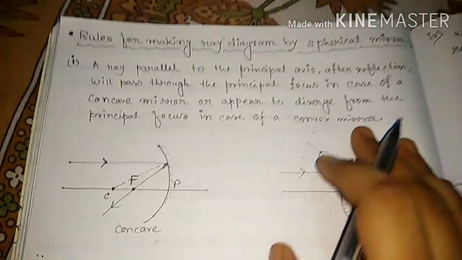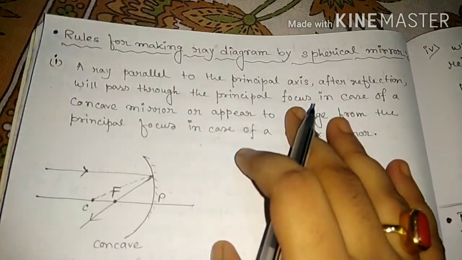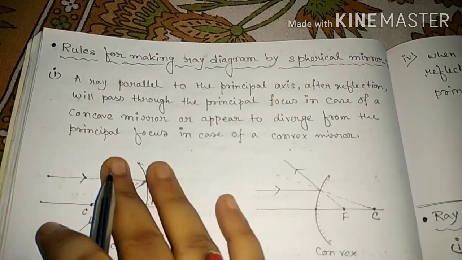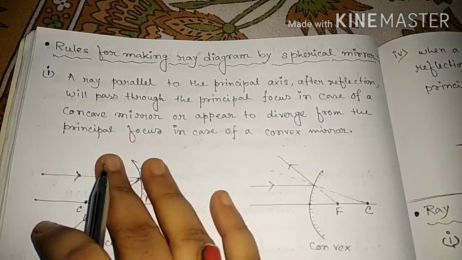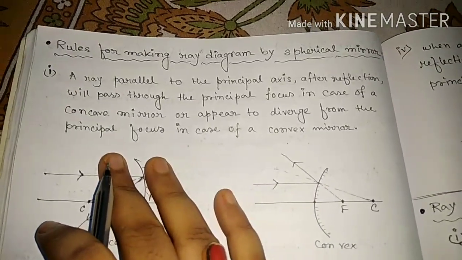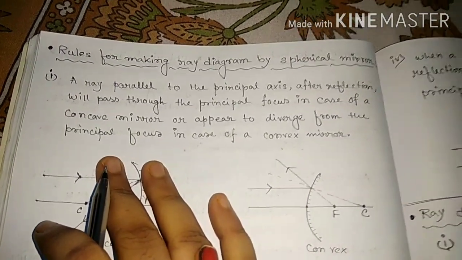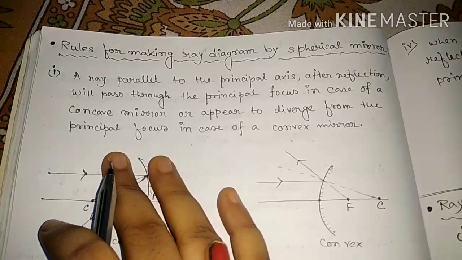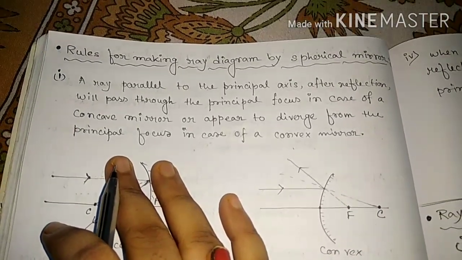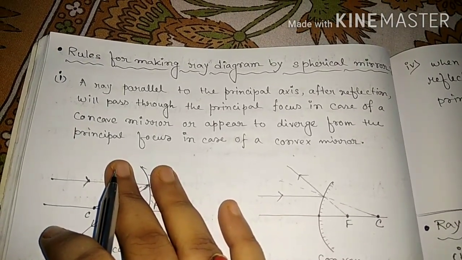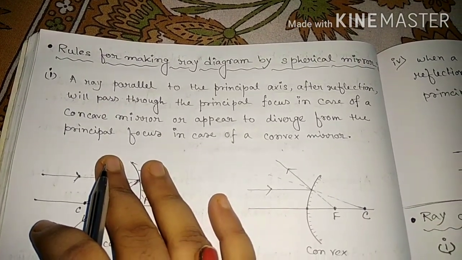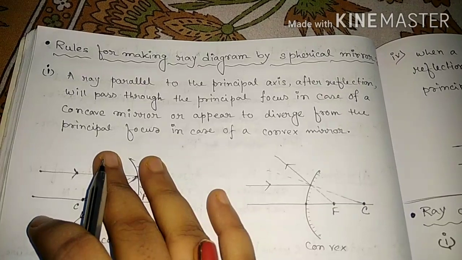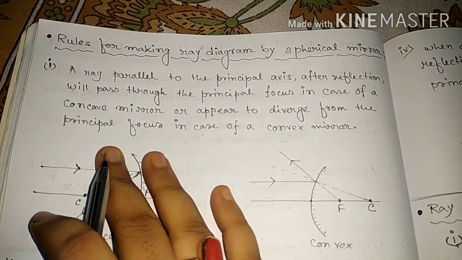Okay, now next topic is rules for making ray diagrams by spherical mirror. In this chapter there are many ray diagrams because it's related to light. The diagram is related to light or rays, that's why it is called a ray diagram. And here we discuss spherical mirrors. In the last class we discussed the ray diagram by a plane mirror for a point object and a large object.